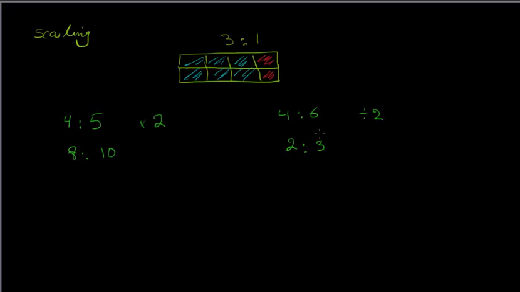Let's use another example for scaling down. Let's say we have a recipe for cake, and in that recipe we have 3 cups of flour and 2 cups of milk. This recipe prepares cake for 8 people. Now we have 4 people as guests, so we want to scale it down.